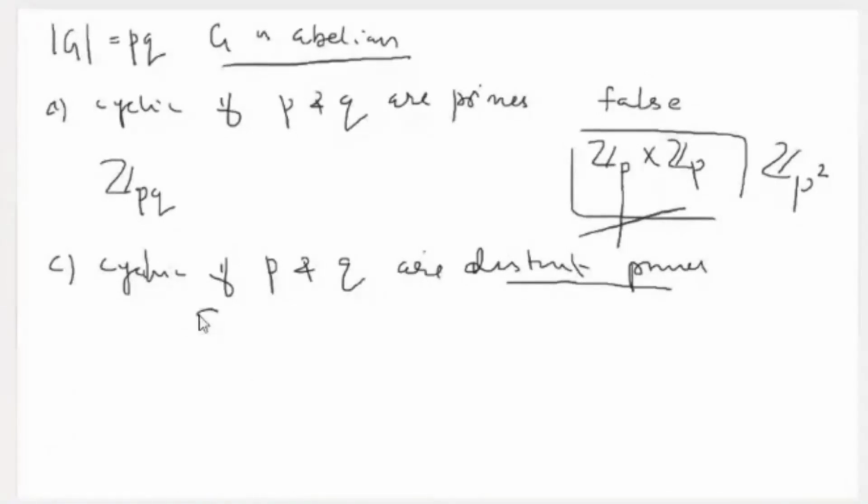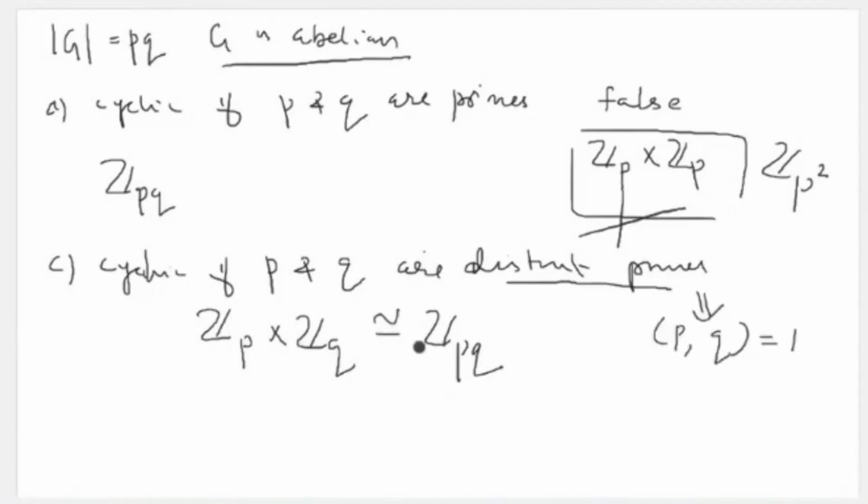By the fundamental theorem, it is either Zp times Zq or Zpq. But if p and q are distinct primes, they are coprime, they don't have a common divisor other than 1. So this will be isomorphic to Zpq. It will be cyclic. Am I right?